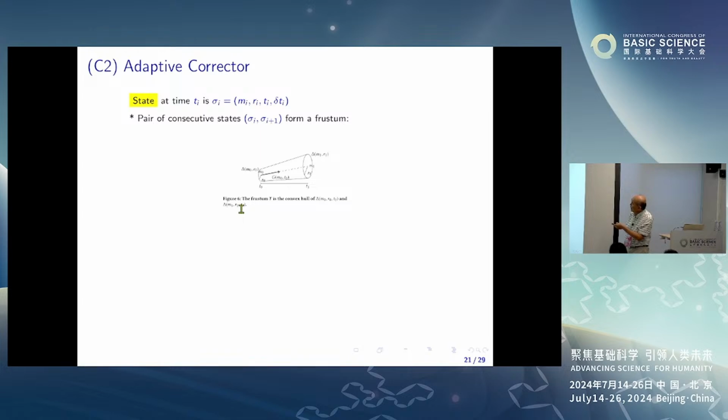And if you have a state here, which is a disk, and the next state, you can take the convex hull of these things, and it forms a frustum. And hopefully your curve comes in at this end, and you want it to come out on this end, right? So this is a valid frustum if true. So how do we ensure that?